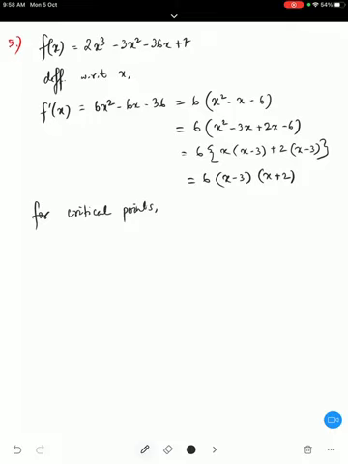A critical point is a point at which f dash x is equal to 0. So for critical points, f dash x is equal to 0. So what I can write is 6 into x minus 3 x plus 2 equal to 0.